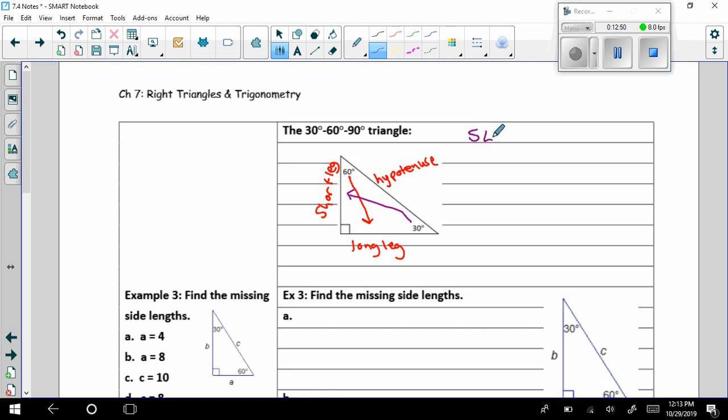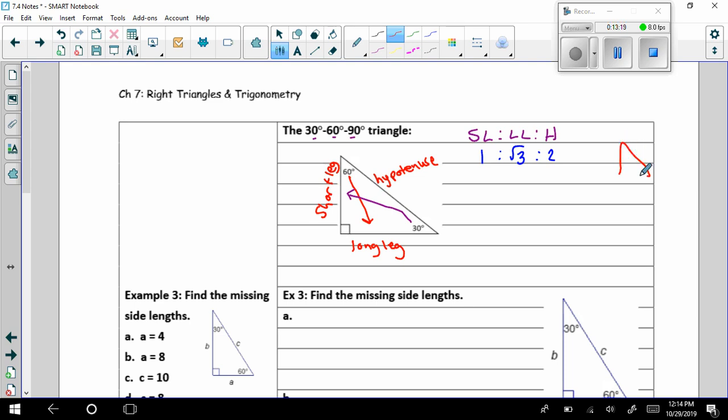So the ratio of short leg to long leg to hypotenuse for a 30, 60, 90 triangle, and this is only for this type of triangle, is 1 to square root of 3 to 2.